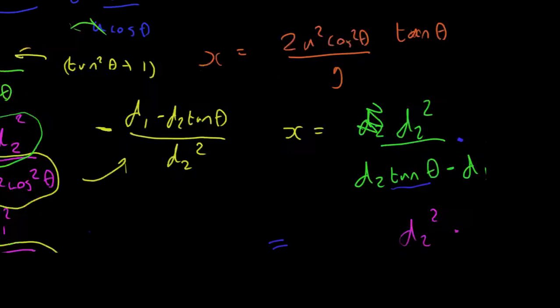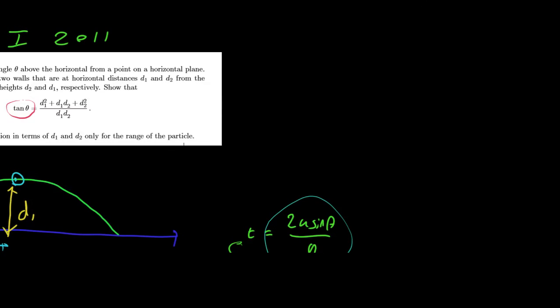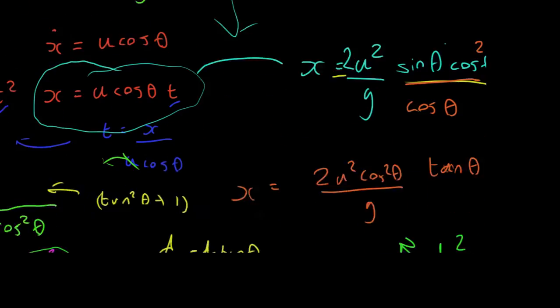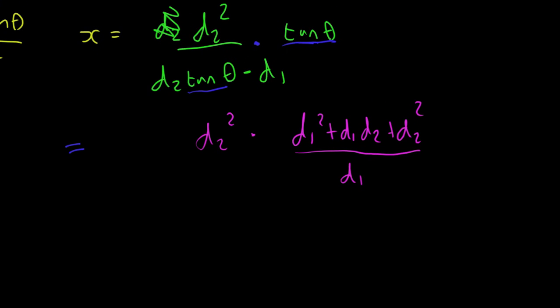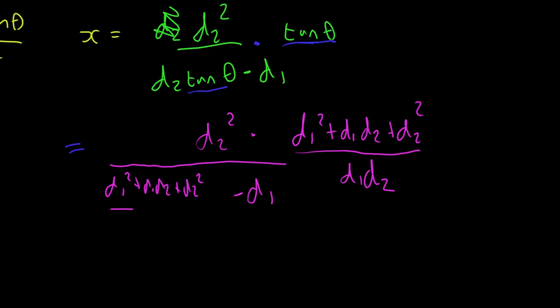I forgot, hang on. Yeah, d1 d2. And we're back. d1 d2, all right, over what exactly? Well, we're going to have a negative d1 here. If I multiply it by d2, I'm just left with d1 squared plus d1 d2 plus d2 squared all over d1.